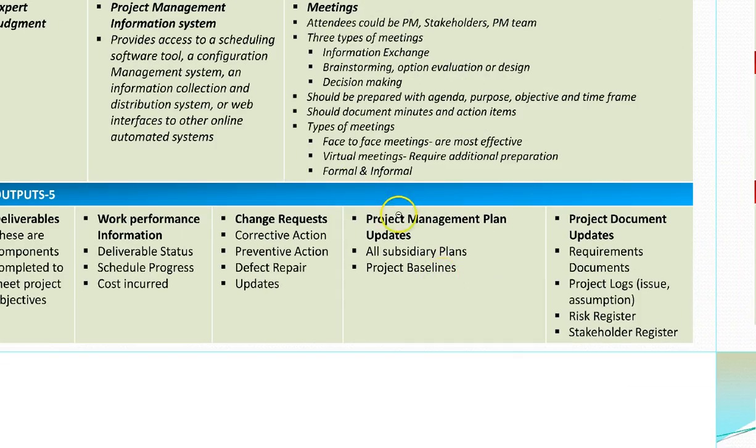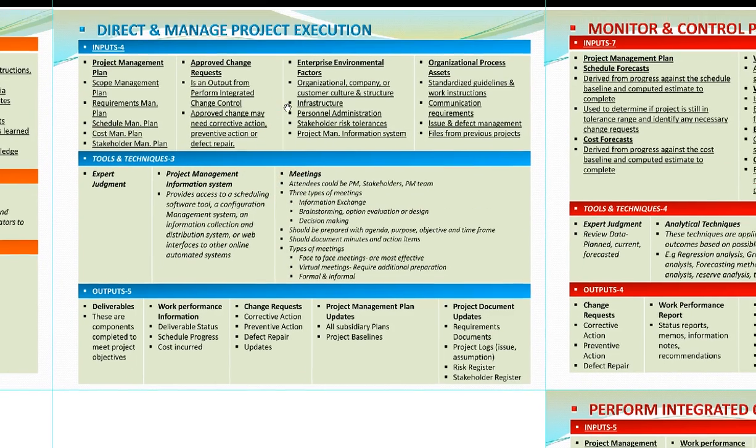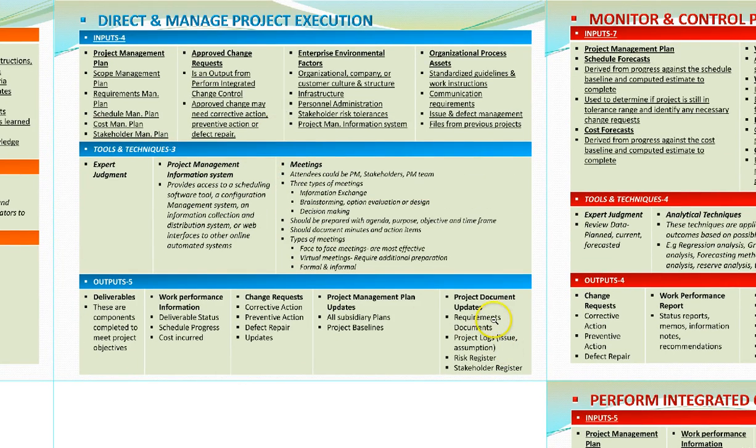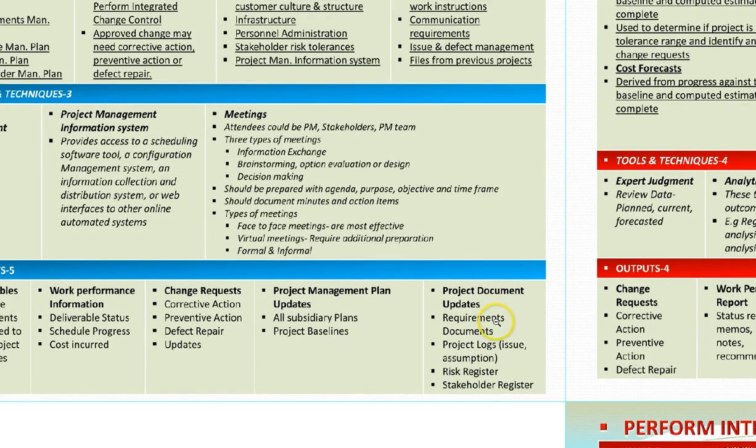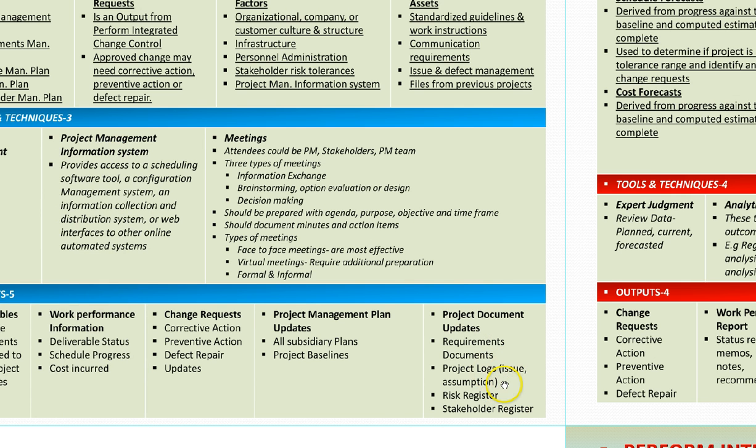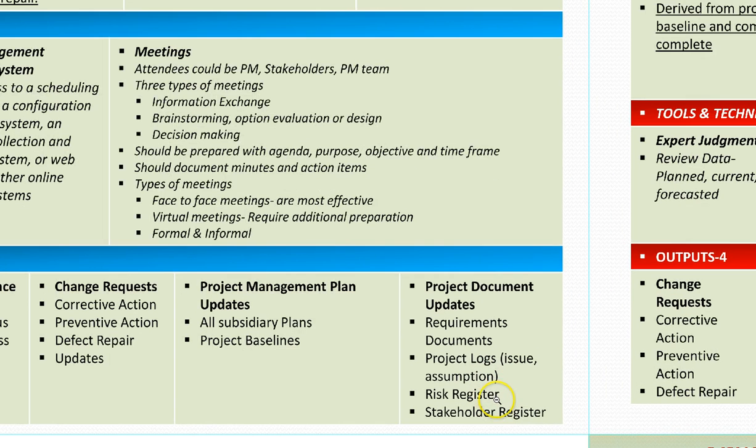Now let's get to the last output of direct and manage project execution. It is project document updates. Now we are updating the project management plan, baselines, and subsidiary plans, as well as other project documents, which are requirement documents, project logs, like the issue log, risk log, risk register, and the stakeholder register.